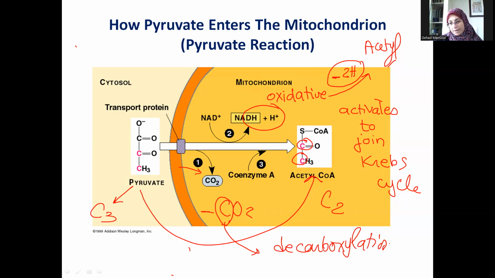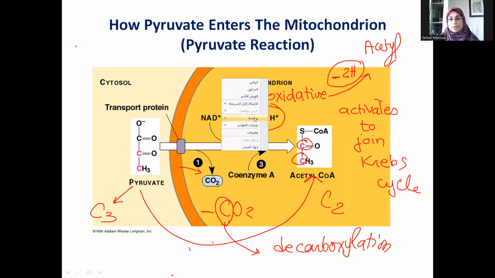I repeat again that oxidative decarboxylation means decarboxylation associated with oxidation, or removal of carbon dioxide associated with removal of hydrogen.